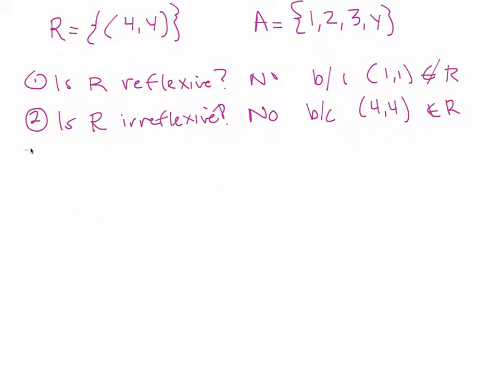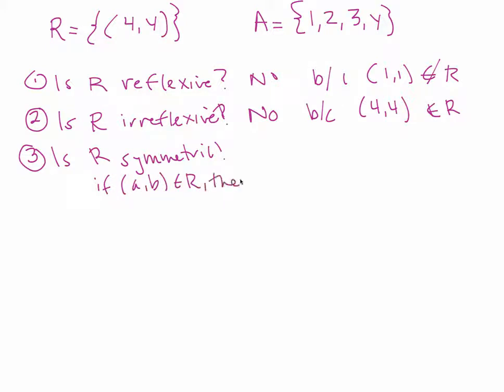All right, so the third property, is R symmetric? So symmetric meant if A, B is in the relation, then B, A is also in the relation. So what do you think about this one? Is it symmetric? Great, good job guys.